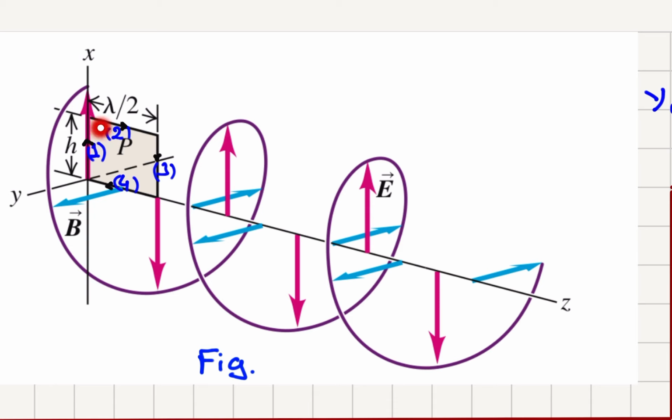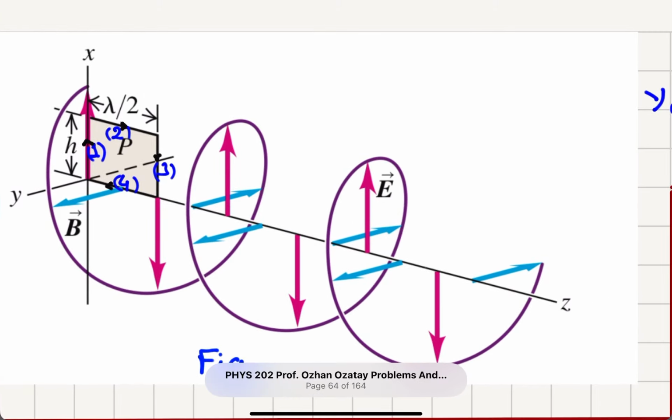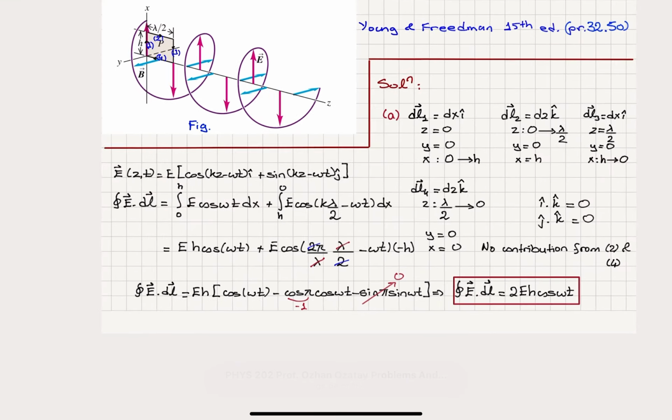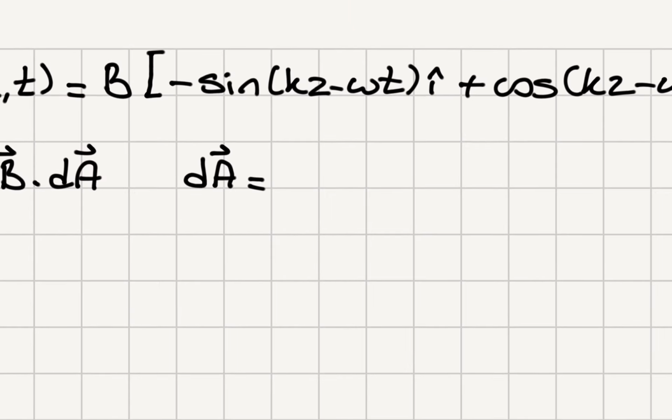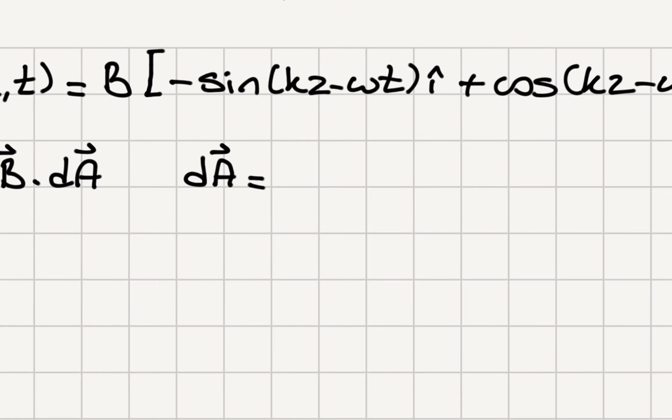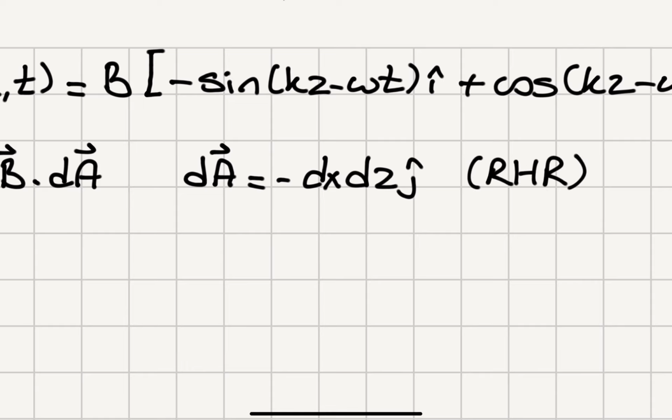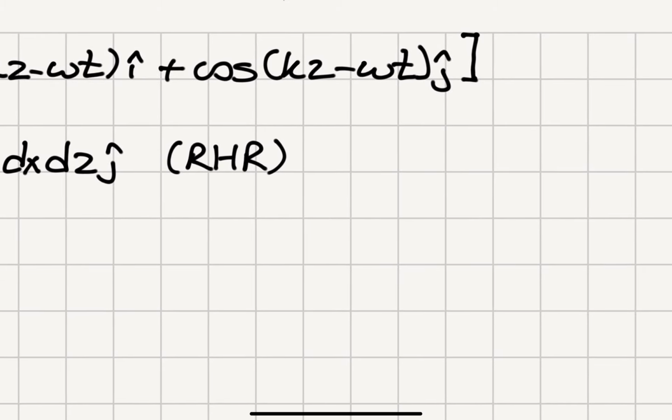So here I'm on the xz plane, so an area element on this plane in Cartesian coordinates is dx dz, and I take the vector to be in the minus j hat direction. That's consistent with the path I have taken for the electric field. So this is going to be minus dx dz j hat, where I have used the right hand rule to be consistent with my path integral that I did in part A.